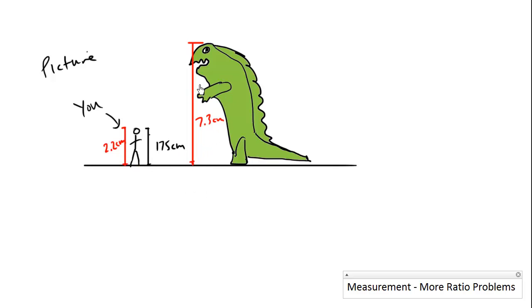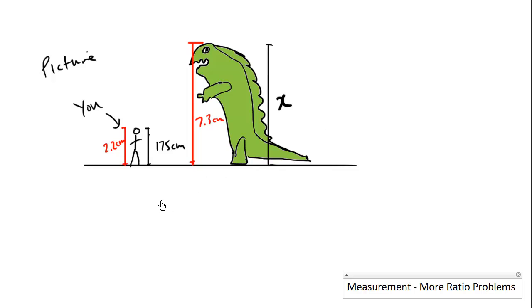We want to solve for x, which is the height of the monster. Now, 7.3 is not the answer. We need to actually solve for x as a value.